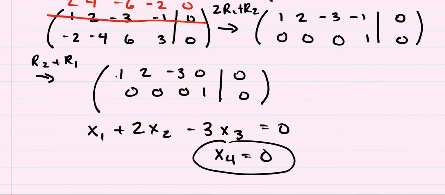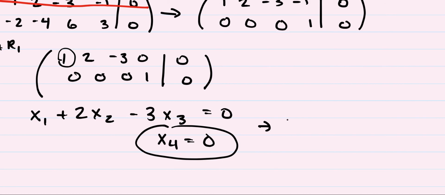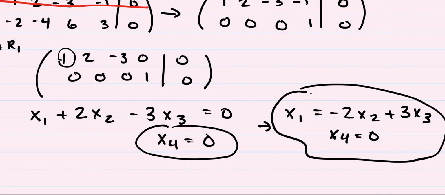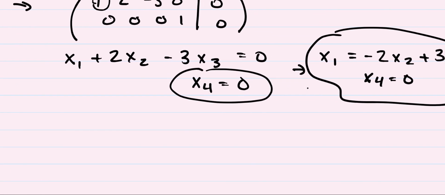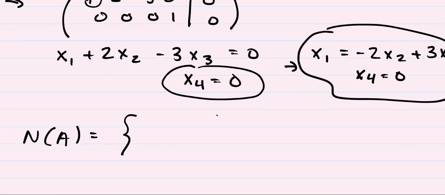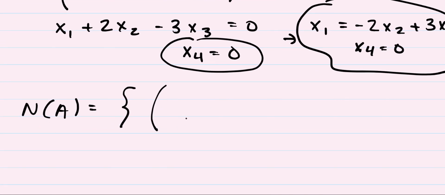And then we're going to solve for this pivot here by moving everything on to the right. So we get x1 is negative 2x2 plus 3x3, and x4 is 0. So one way to write the null space in set notation is that it's the set of vectors that look like this.